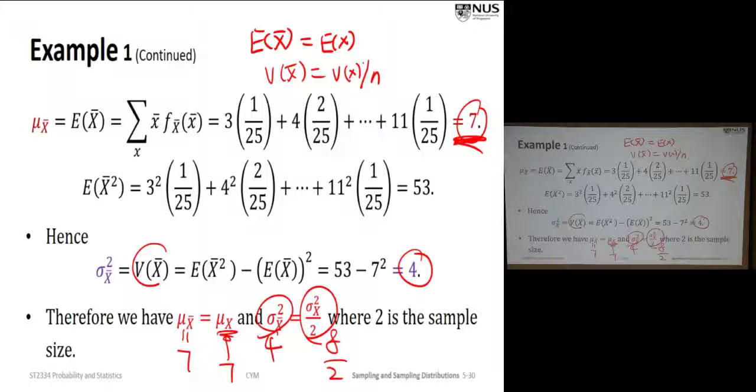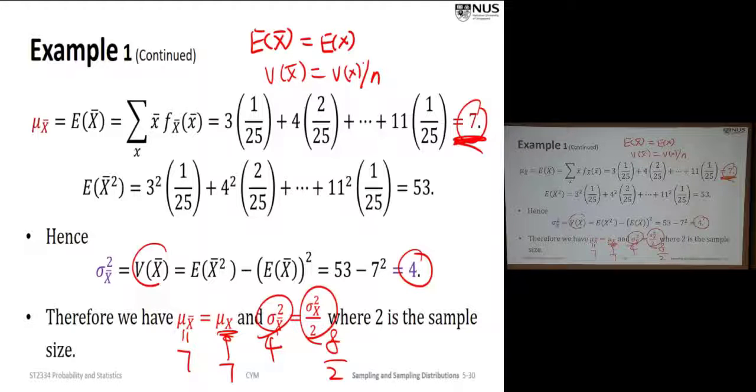So from here, immediately we know that x bar behaves in such a way that it has the same expectation as the original population. Not only that, the value of x bar will fluctuate, but the variation is smaller than the original population.